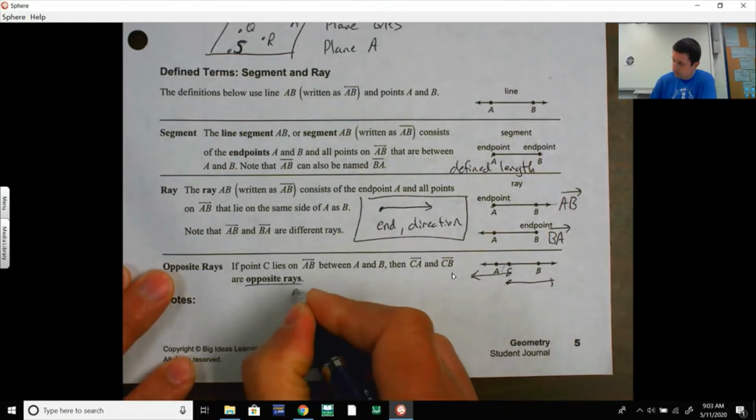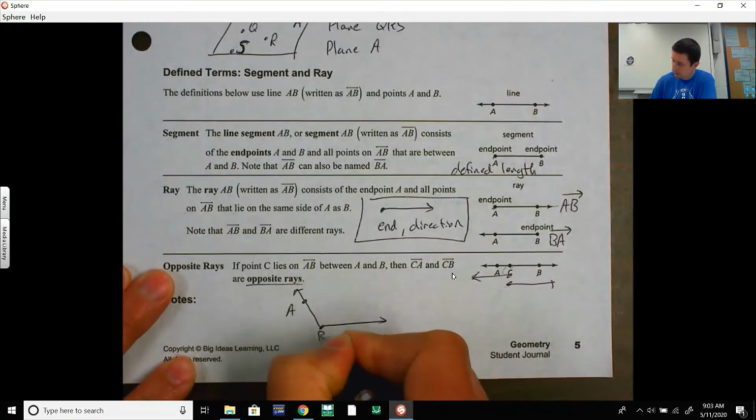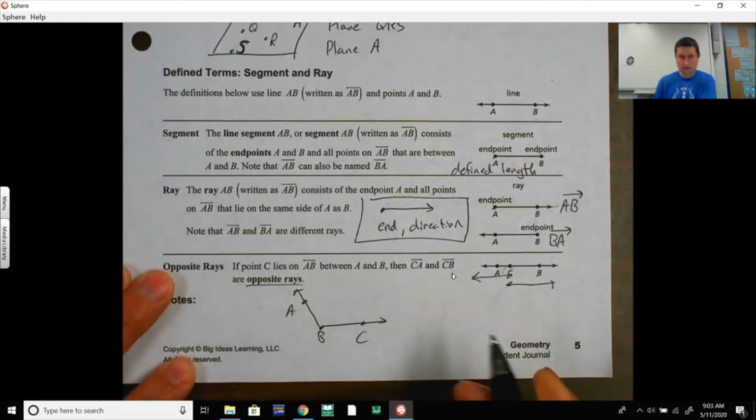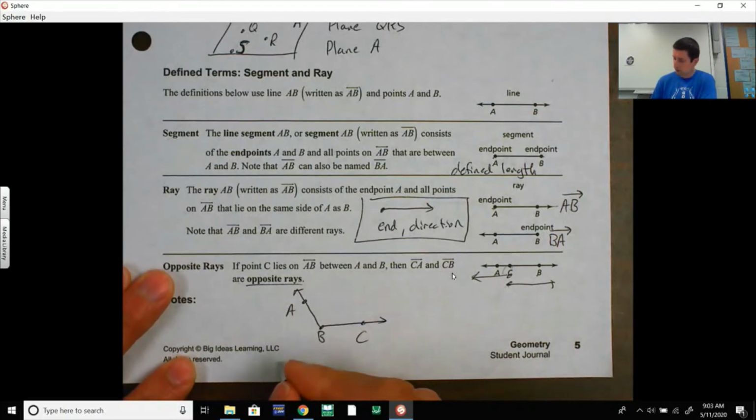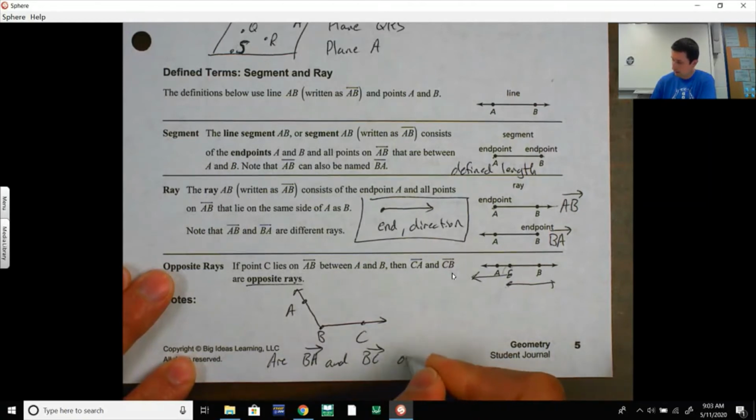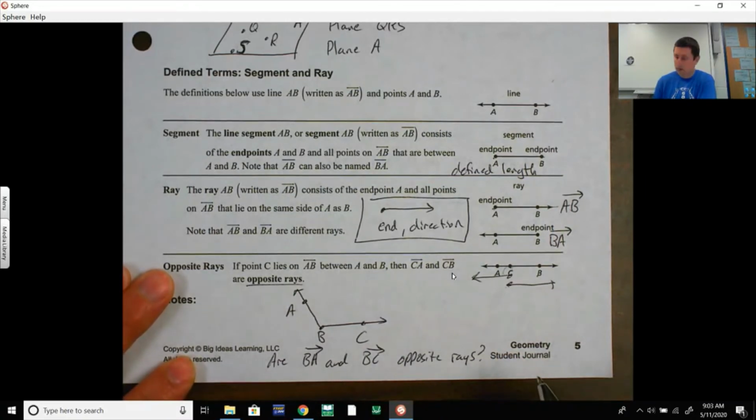Are these opposite rays? Let's call this ABC. So are BA and BC opposite rays? Okay. Well, now you notice it starts with C, a line on a line.